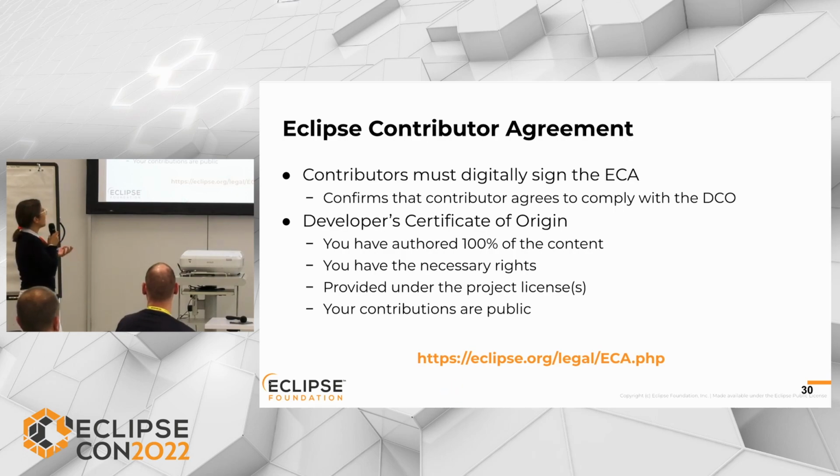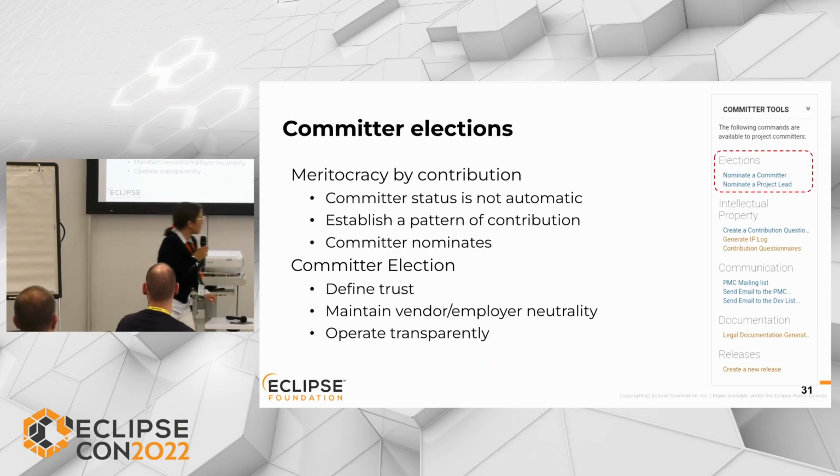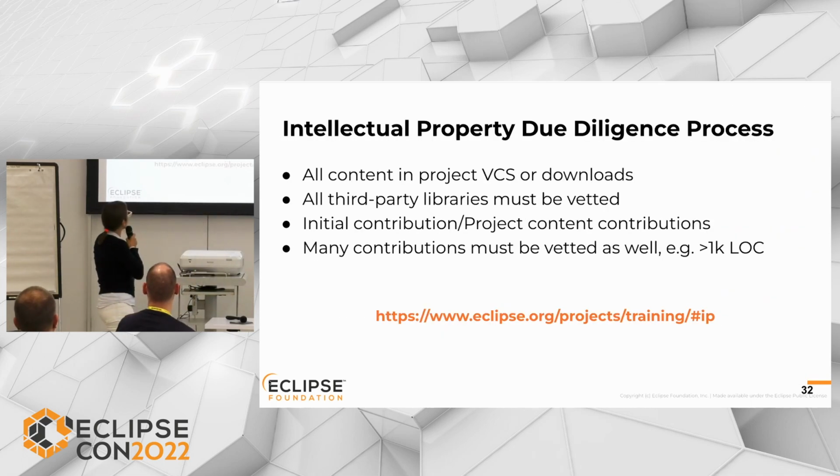It confirms that the contributor agrees to comply with the developer certificate of origin, which means I wrote the code, I am agreeing to the license of this project, and I am agreeing that my contribution will stay in the open since the moment I bring it to your project, okay? We have installed some hooks to help you do that.